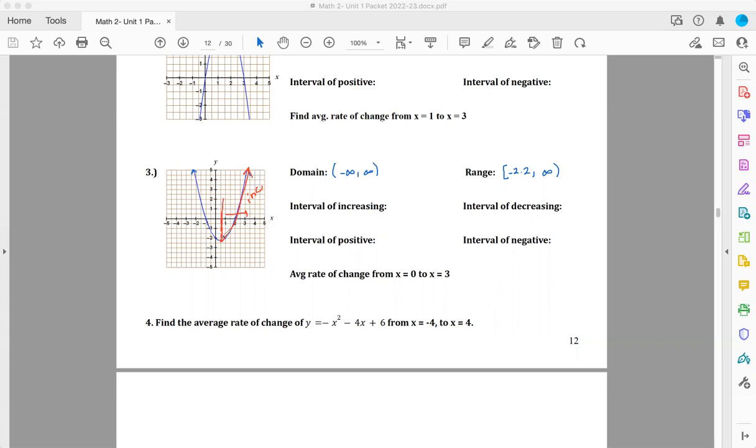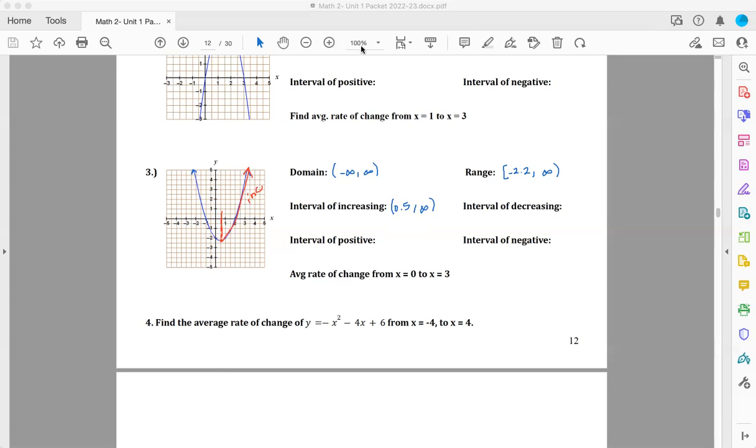So therefore, the interval of increasing is (0.5, infinity), or (1/2, infinity). And if you want to include 0.5, feel free to do that. You can put a bracket here, but normally we can stick with just parentheses, it's fine.